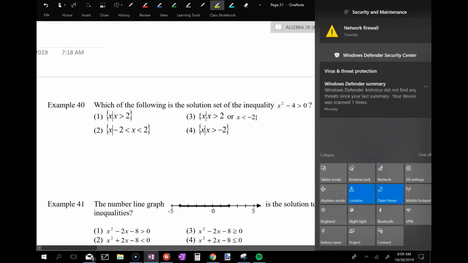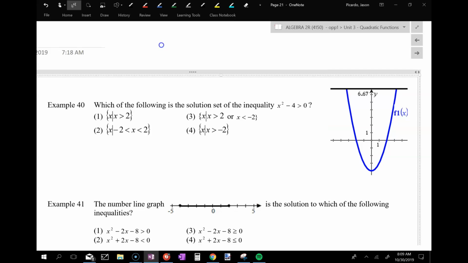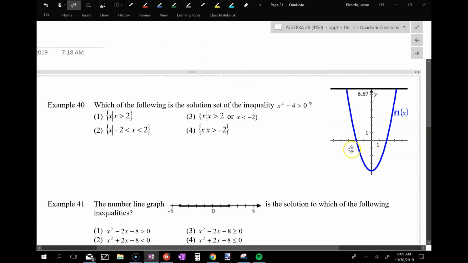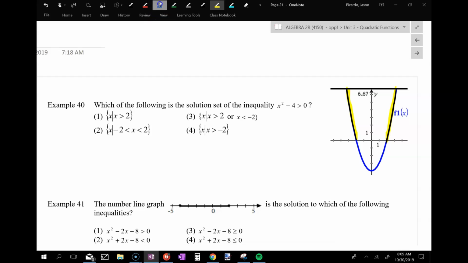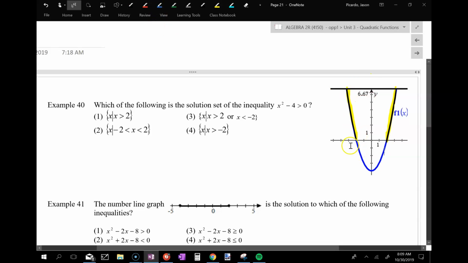Shayla, again, I want this parabola. I want to know where it's greater than 0. So you agree that it's going to be this piece and this piece. Do you agree that that highlighted piece right here is where this graph is less than -2? Good.